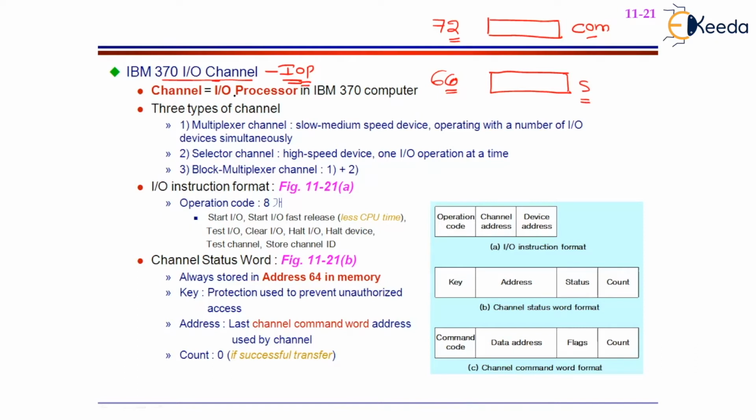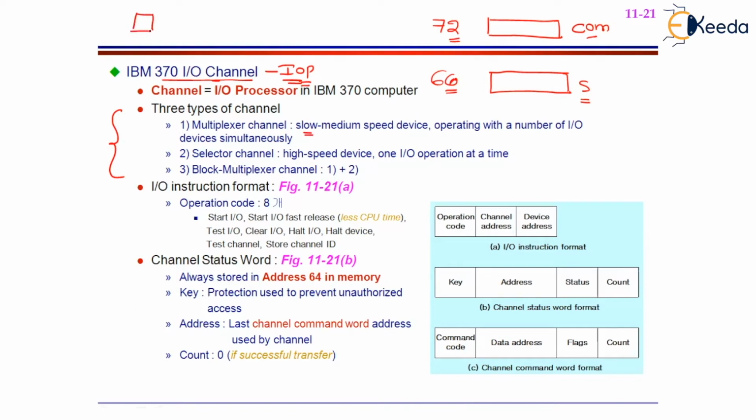Now let us understand the functionality of the IBM 370 channel. It has three different types of channels, three different types of IO processors. The first type is the multiplexer channel. The multiplexer channel is used to connect to slower devices. Let us say there is a CPU.